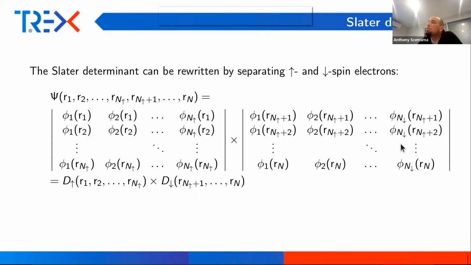If we have the same set of spatial orbitals, then this can be, for example, a restricted open-shell Hartree-Fock Slater determinant. In that case, you can represent the Slater determinant as a product of two smaller determinants, one with each spin. So I will represent it like this.